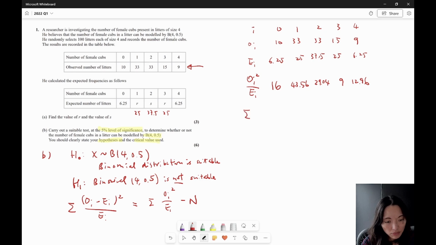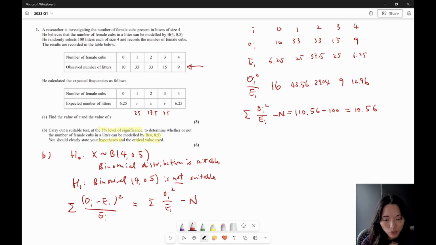Great. And the sum of all of these values minus n, so 16 plus 43.56 plus 29.04 plus 9 plus 12.96 minus 100 gives us 110.56 minus 100, which is 10.56.